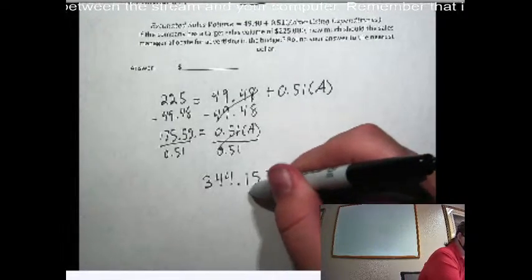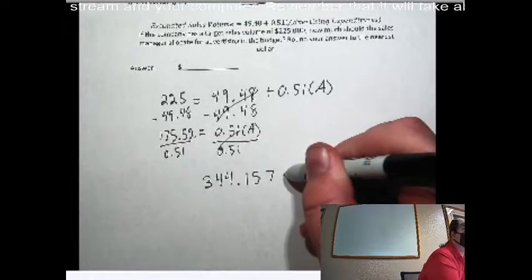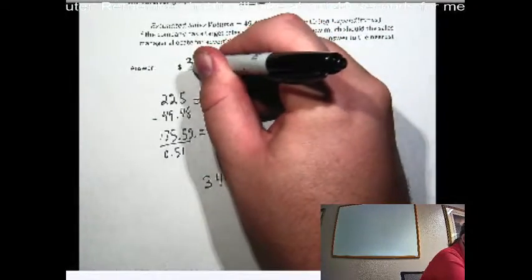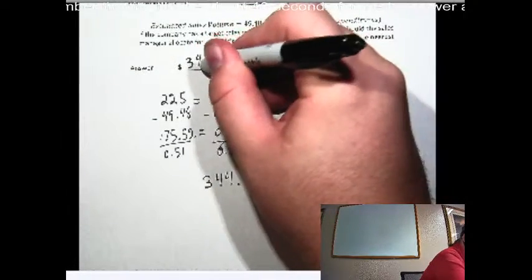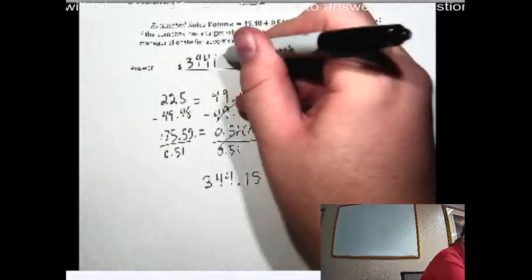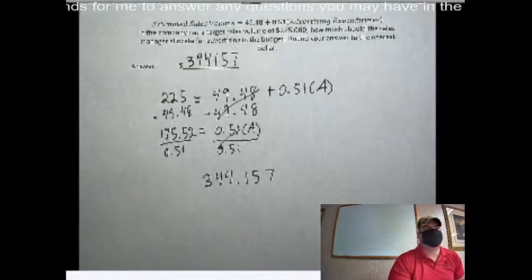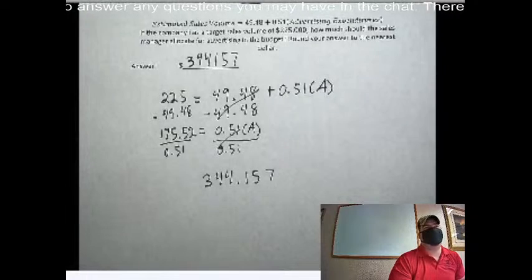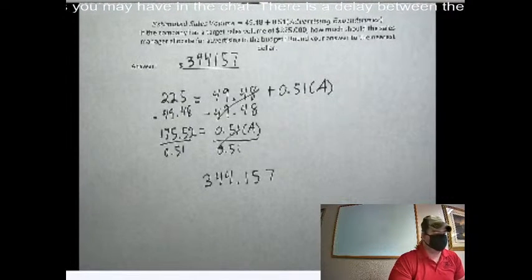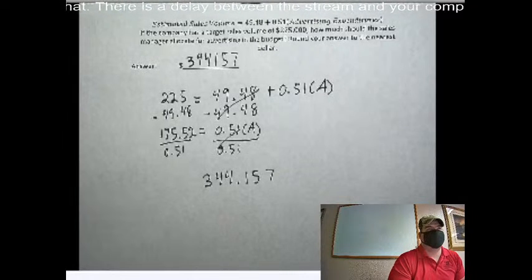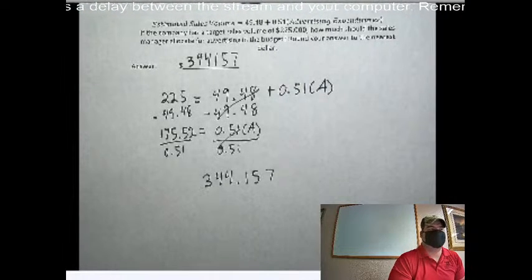So, move this decimal place 3 times to the right, and we have our answer in thousands of dollars. So there we go. If they want to make around $225,000 in sales volume, then they need to spend $344,157 in advertising.